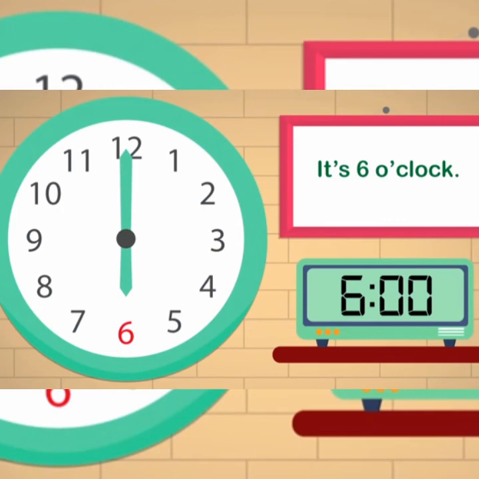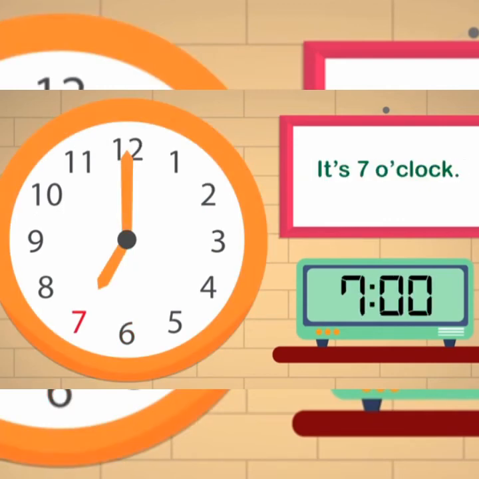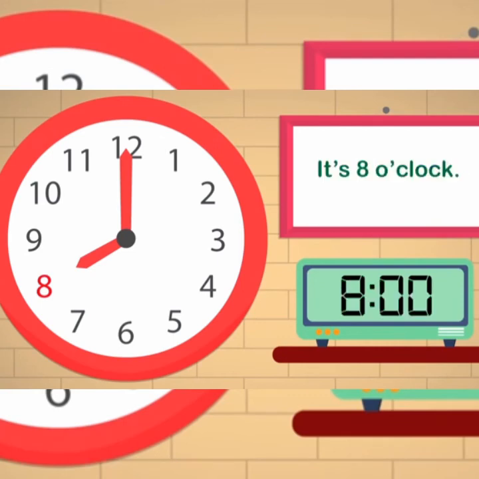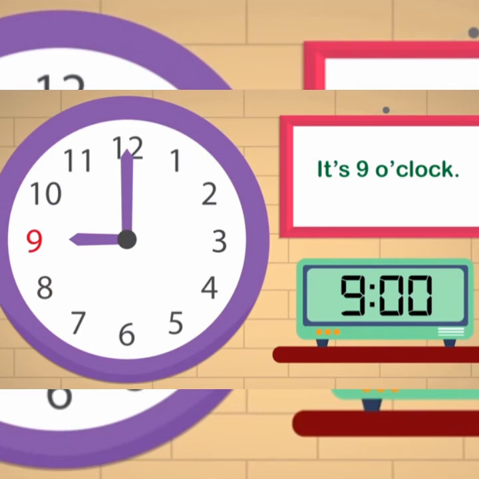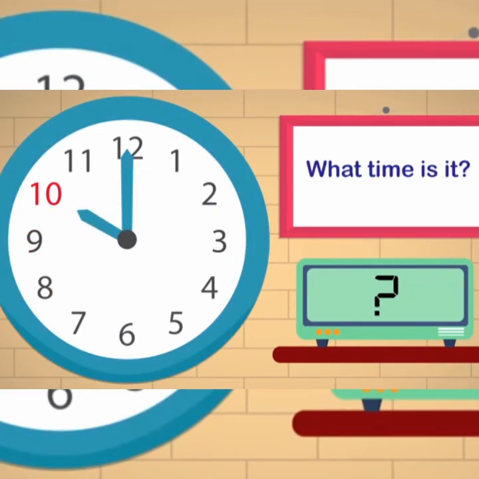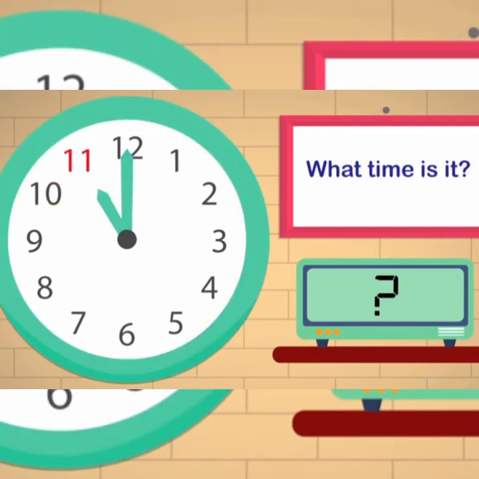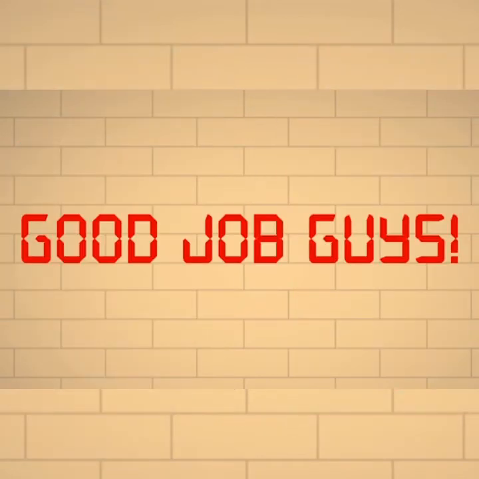It's 6 o'clock. What time is it? It's 7 o'clock. What time is it? It's 8 o'clock. What time is it? It's 9 o'clock. What time is it? It's 10 o'clock. What time is it? It's 11 o'clock. What time is it? It's 12 o'clock. Good job, guys.